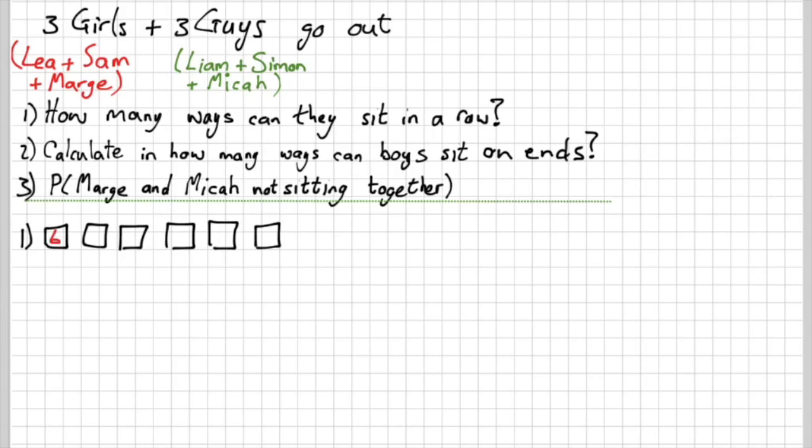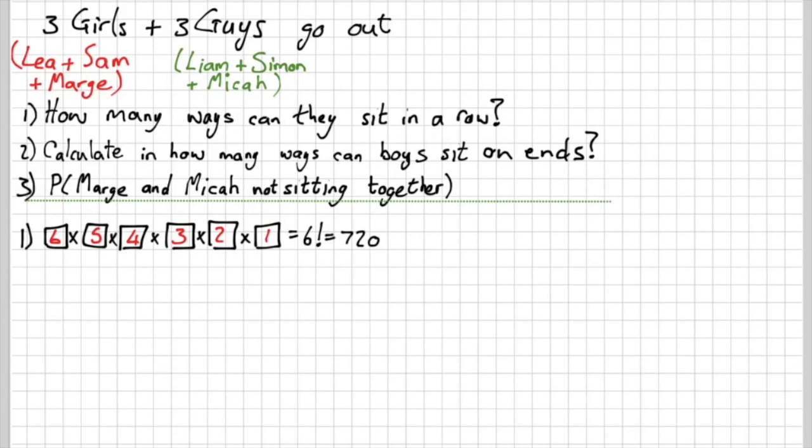In the first block, the first person to choose has got 6 different options. Now that person chooses, the next person chooses, and they've got 5. The next person has 4, because now 2 seats are chosen, etc. Which means, if I multiply them together, it's 6 factorial, which we saw earlier was 720.